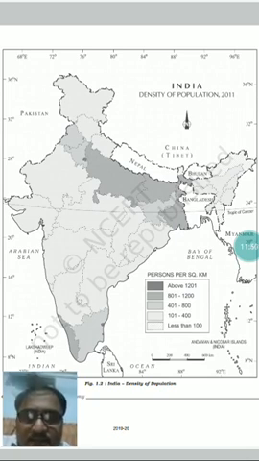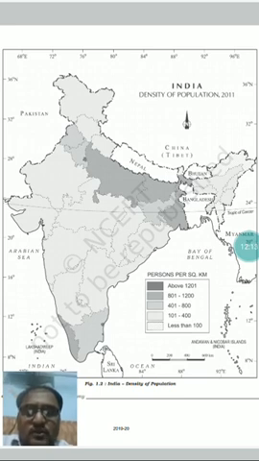Among the highest densely populated states, let's see, all of the North Indian states, and in South India this Kerala. So Delhi is also dark. Delhi comes under 801 to 1200. Delhi is near about 1200. So Delhi is shown with slightly darker shades than other North Indian states like UP, Bihar.